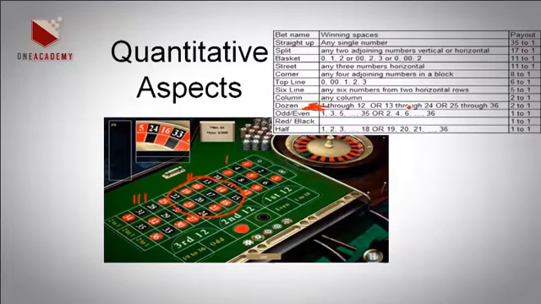So in case of winning, we get 2 euros or $2. In case of losing, we lose our only bet, for example, $1.